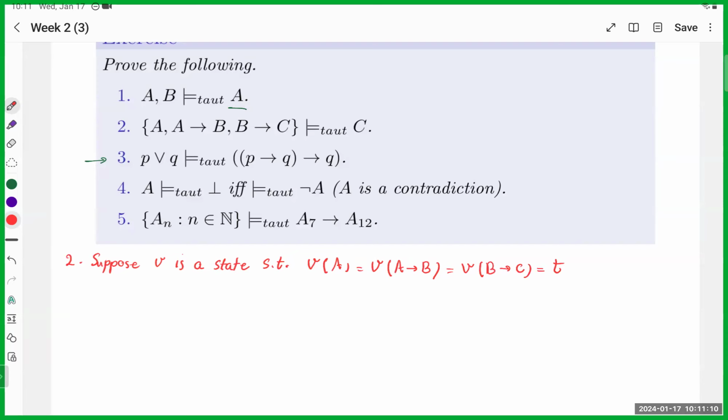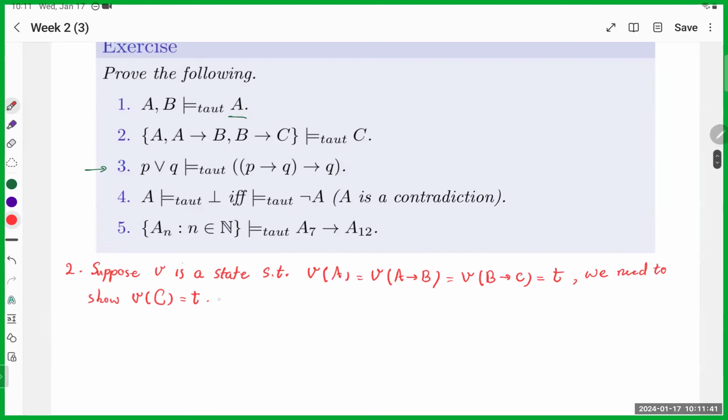Now we need to show that V of C is true. Again, there are different methods. You could prove this by contradiction, assume V of C is false, and then you get a contradiction, or you could prove it directly.